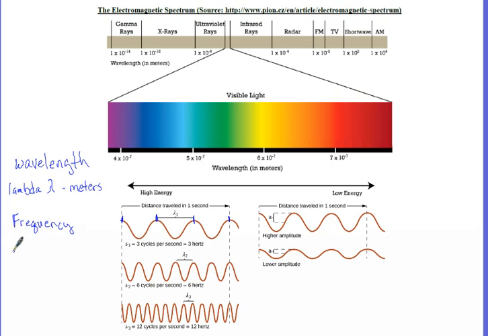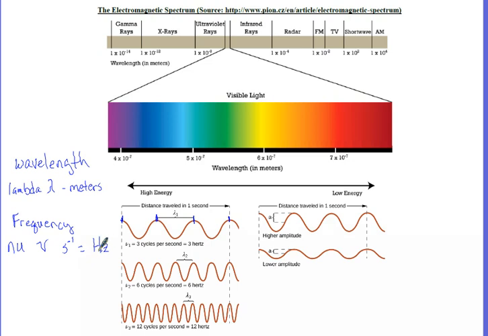Frequency is denoted by the Greek letter nu, N-U, which kind of looks like a V. Since it's per second, it's often given the units of per second, which is also equivalent to a hertz, Hz, big H, little z. So per second is the same thing as hertz.